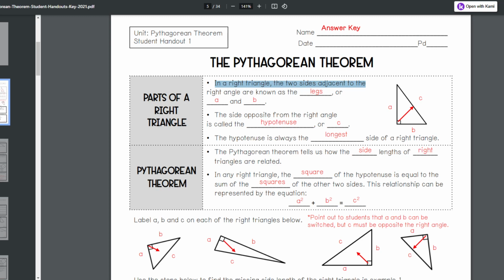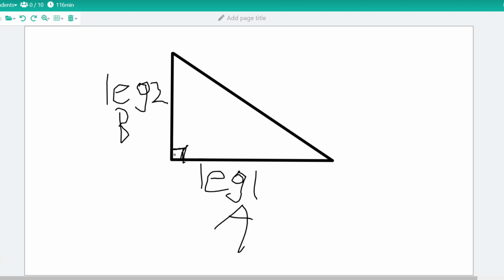The opposite side from the right angle, you see that little arrow? That's the opposite side. It's called the hypotenuse, or C. The hypotenuse is always going to be the longest side of a right triangle. So we draw a little arrow, and that's the hypotenuse.